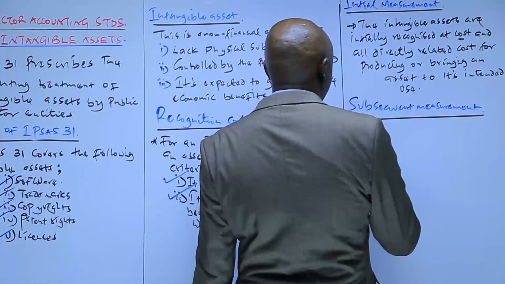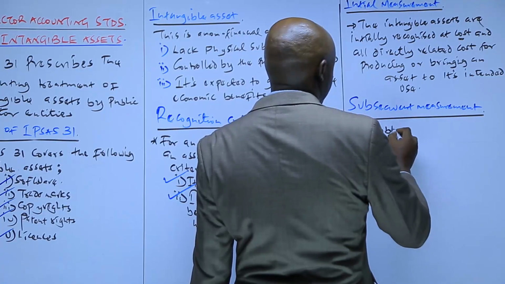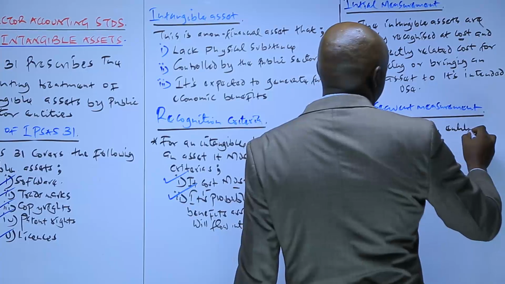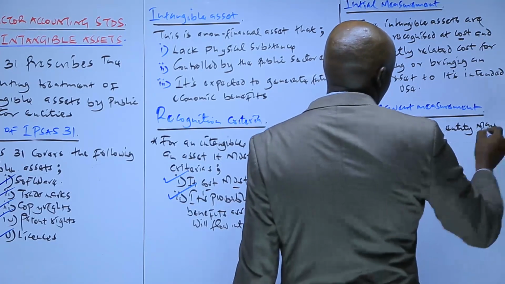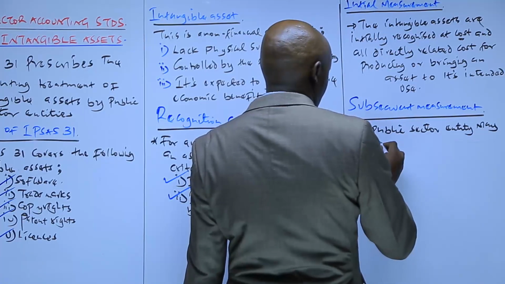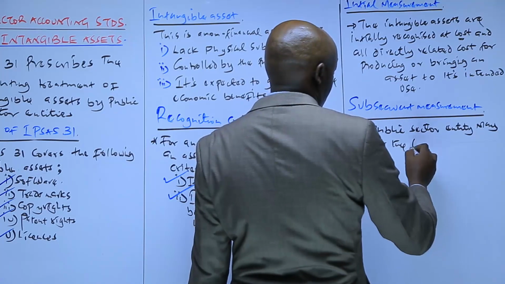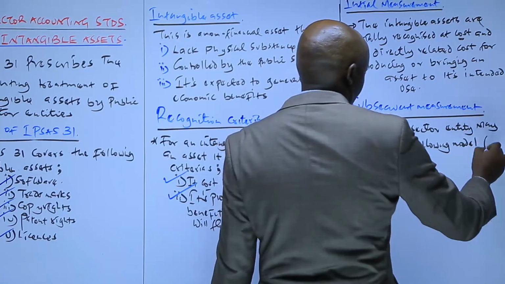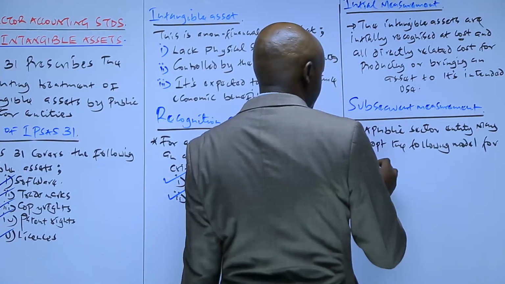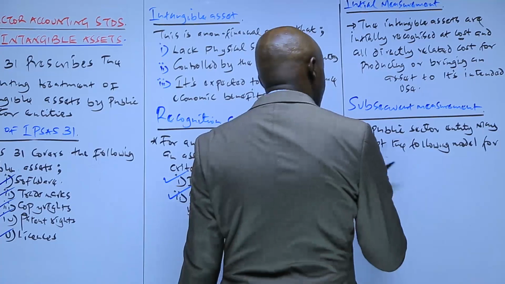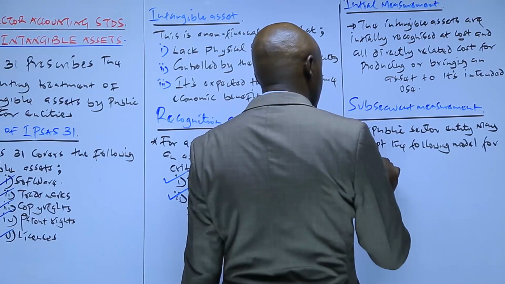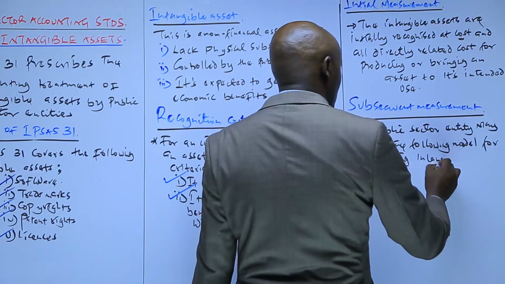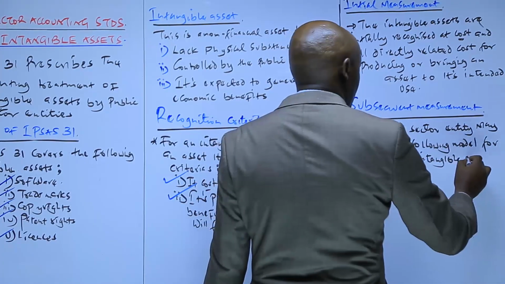So we can say a public sector entity may adopt the following models for measuring intangible assets.